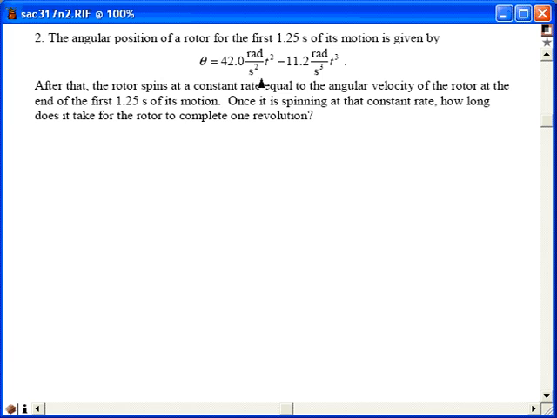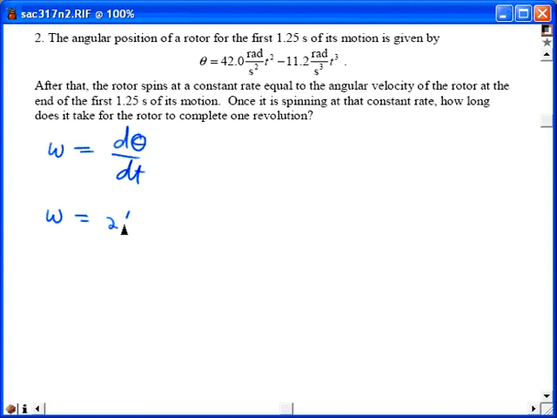Okay, so all I've got to do to get omega at any time during that first 1.25 seconds is to take the derivative of theta with respect to t. You would have to copy this down, but I've already got it on the same page I'm working on, so I'll just take the derivative up here.